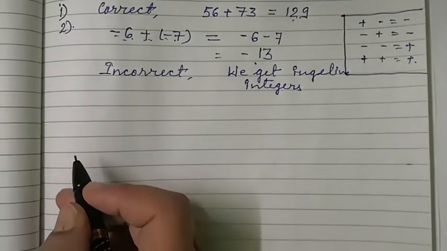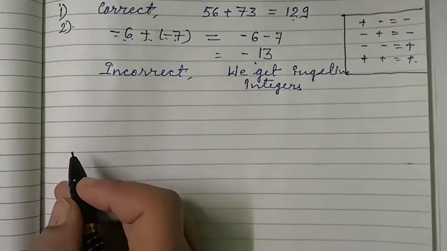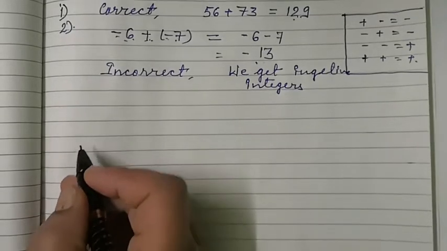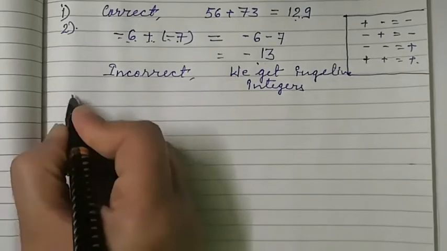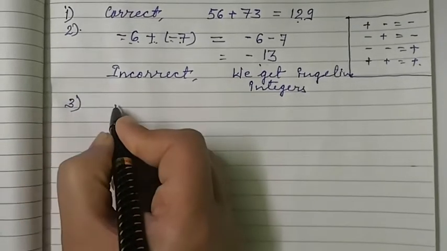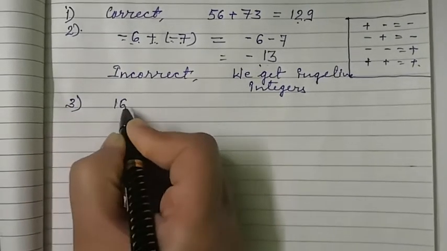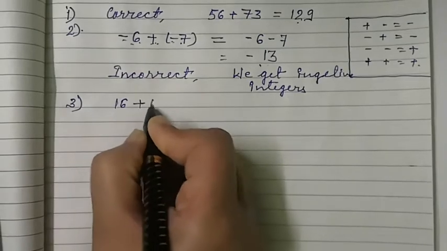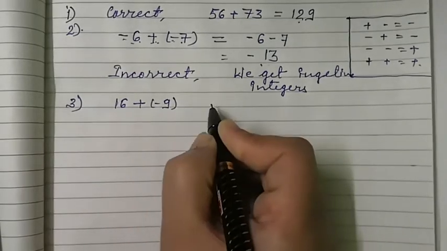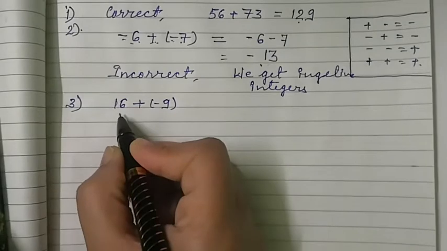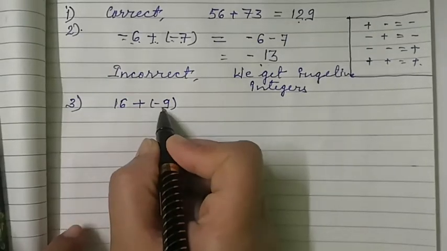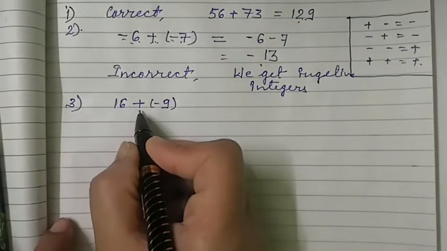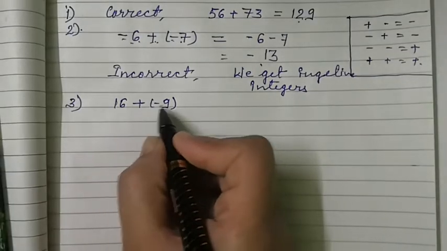Now the third statement is, when a positive integer and a negative integer are added, we always get a negative integer. This is the positive integer and this is the negative integer. When they are added, we always get negative.